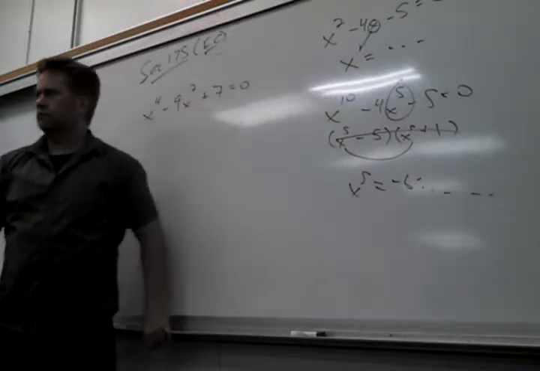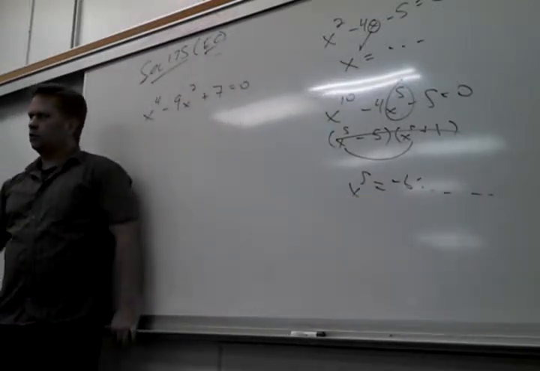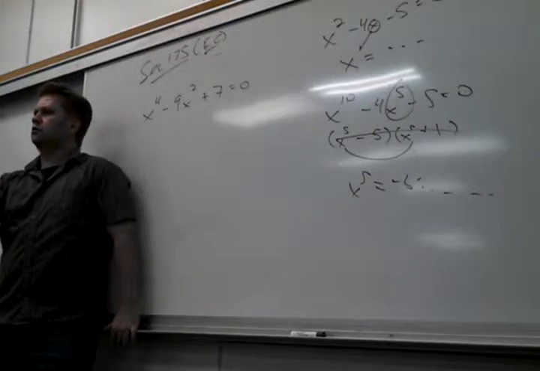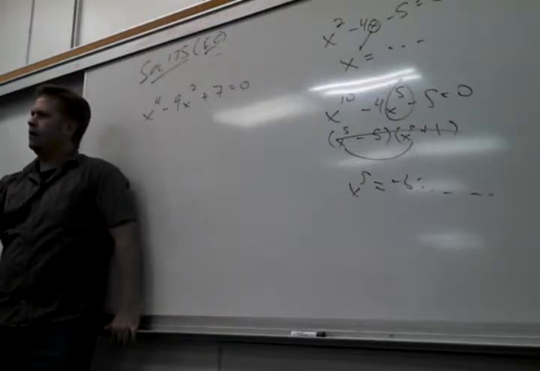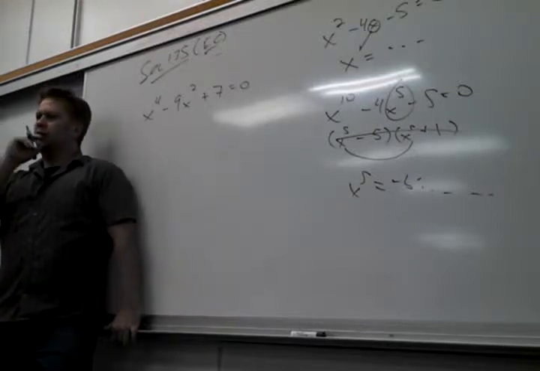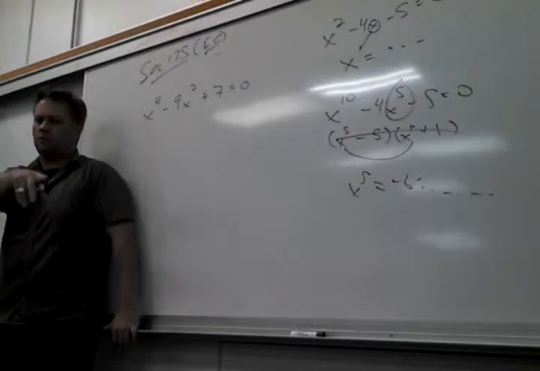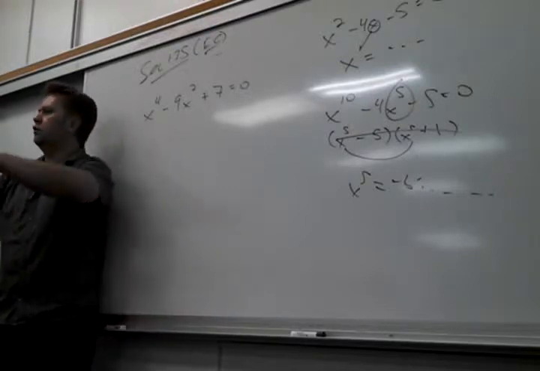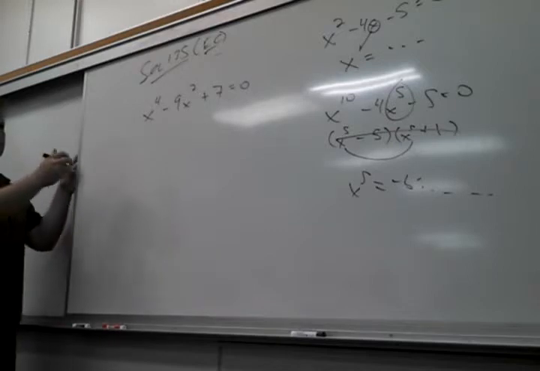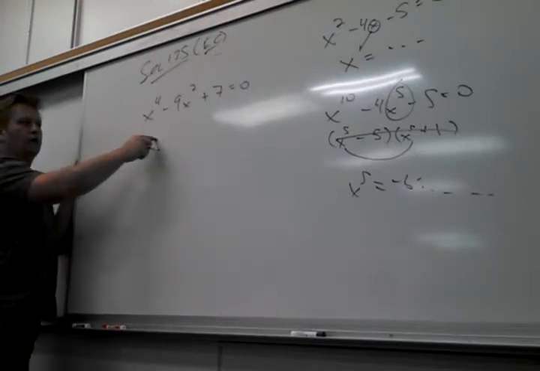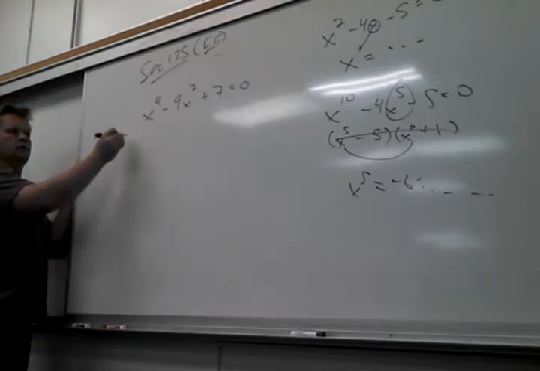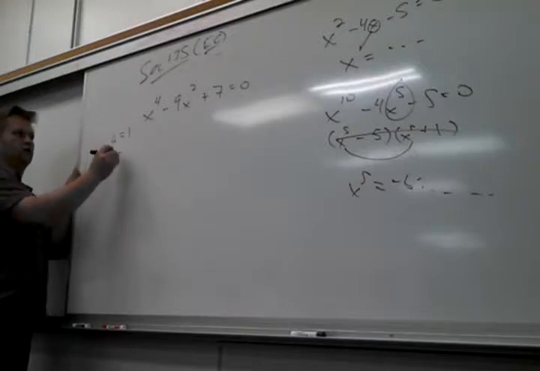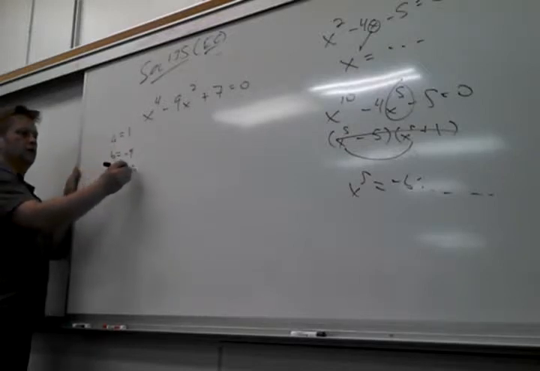Do you guys see that? The book talks about the substitution method, which is not bad. It's not totally necessary here, but if you like to use it, you can. I have no problem with that. So for the quadratic formula here, A is 1, B is 9, C is 7.